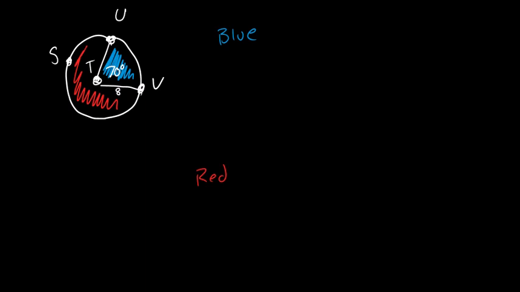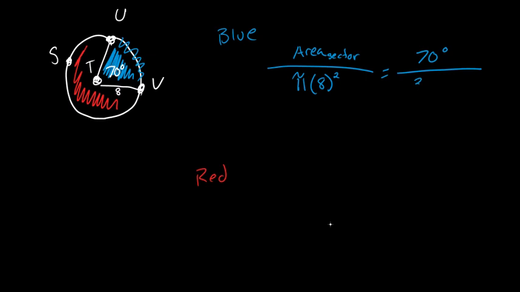So area of the sector is what we are looking for. So I'm just going to put in area of sector. And then pi r squared, pi times 8 squared, should be equal to my central angle. Alright, or the measure of that intercepted arc. Keep in mind that the measure of your central angle is the same as your intercepted arc, over 360 degrees.